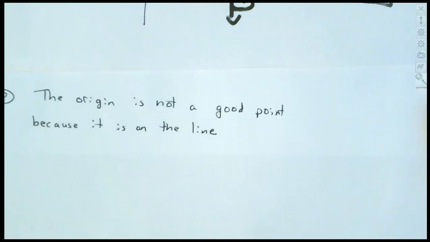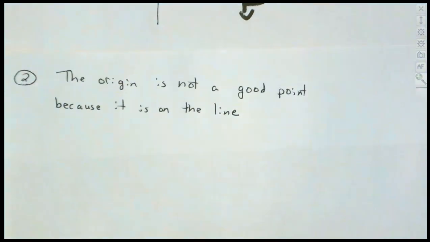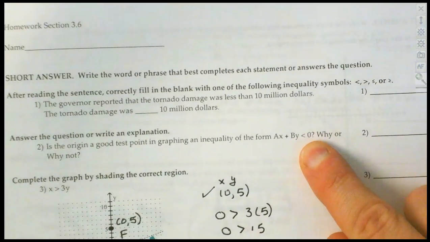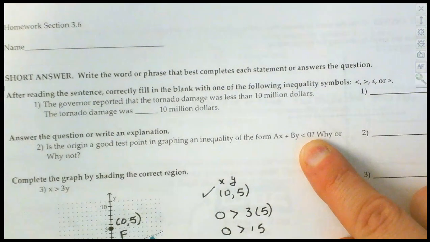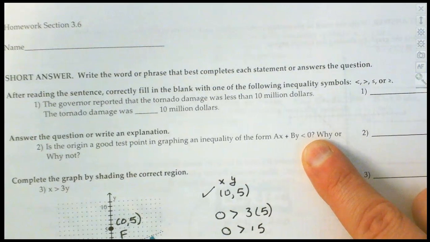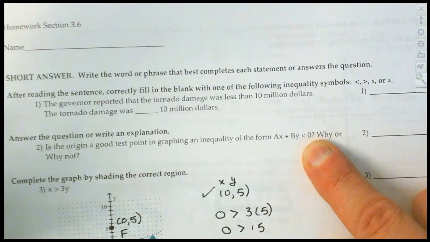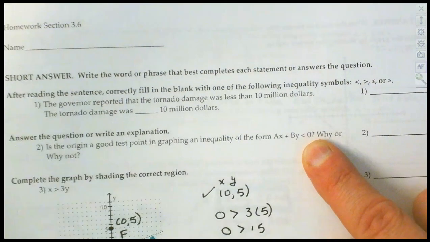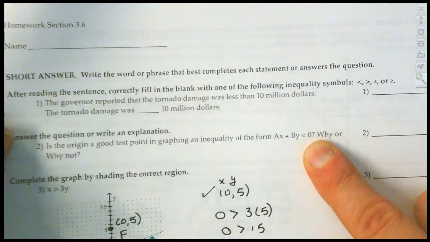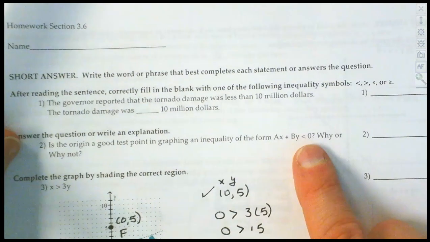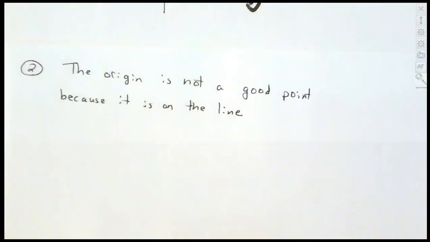Had it been any other number, had this been a 5, it would be fine to use (0, 0). But because of that 0, when you graph it, it's going to go through the origin. So you'd want to pick something else like (1, 1) or (8, 3), or a different point.